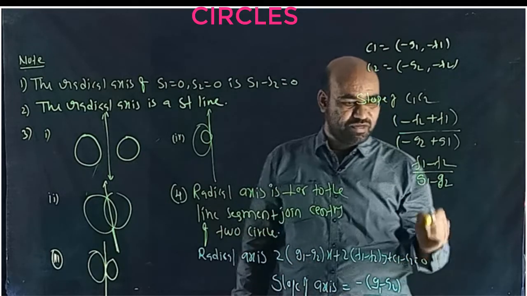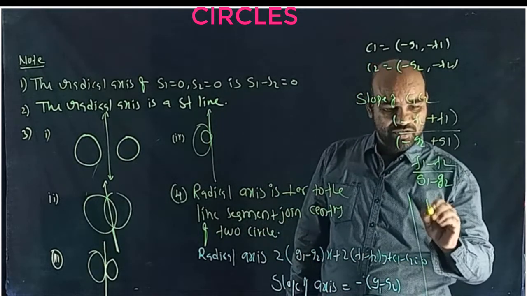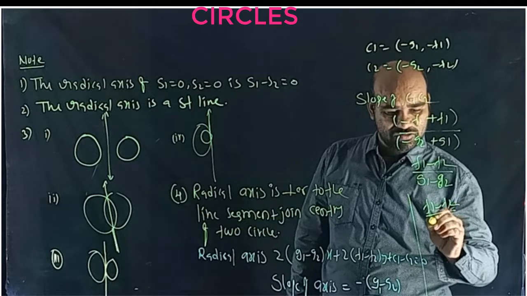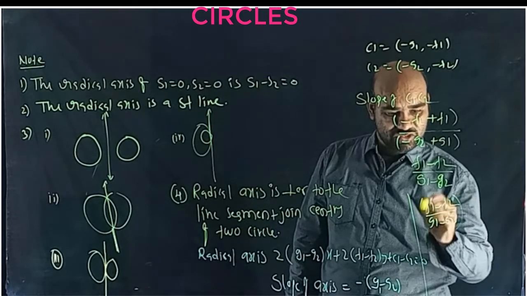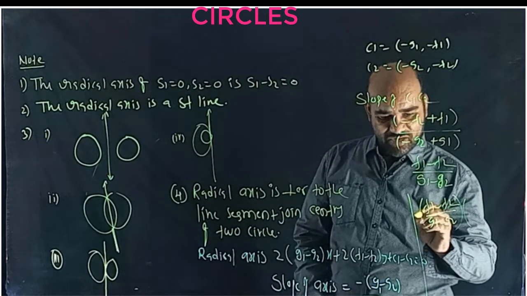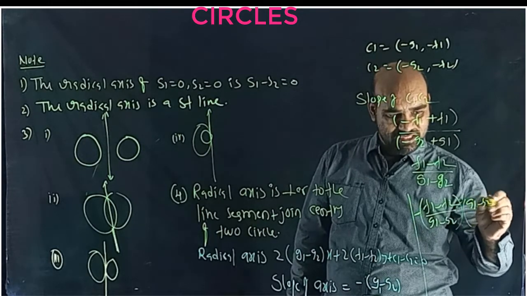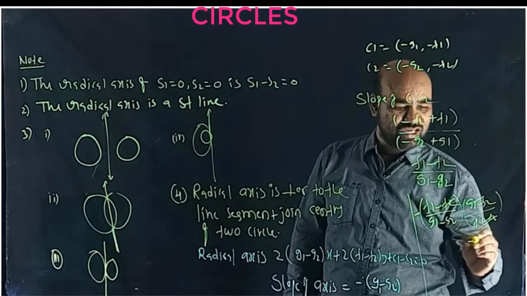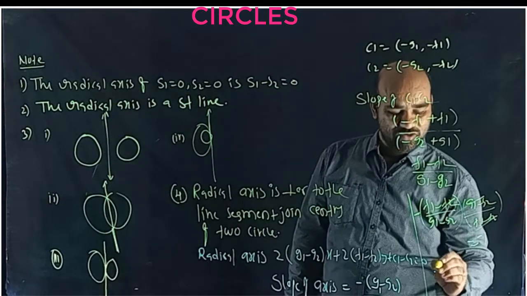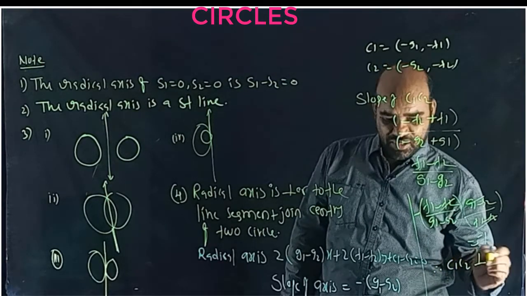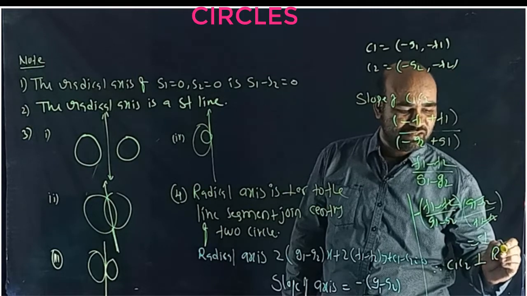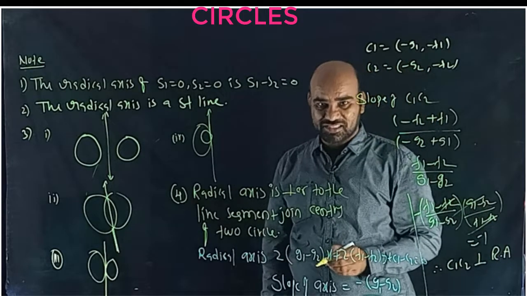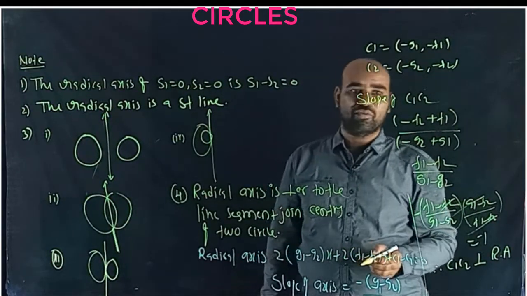Observe the multiplication: (f1 - f2)/(g1 - g2) times minus (g1 - g2)/(f1 - f2). They cancel, so what will you get? Minus 1. Therefore c1 c2 is perpendicular to the radical axis. This is one of the important properties.